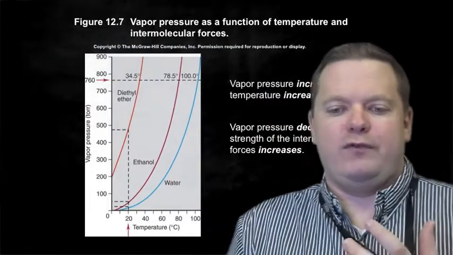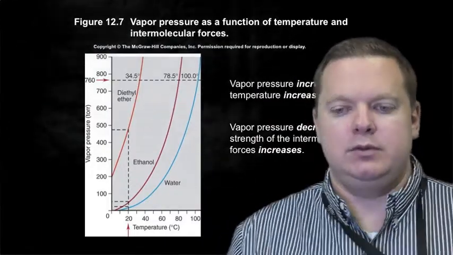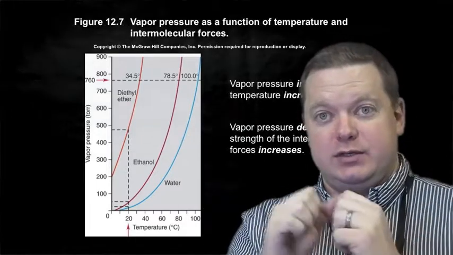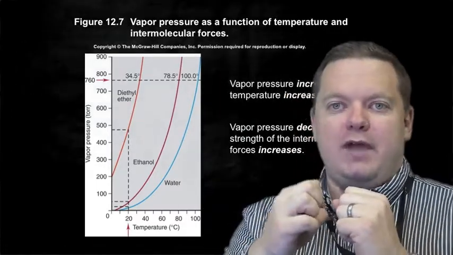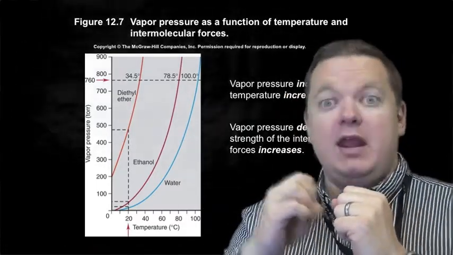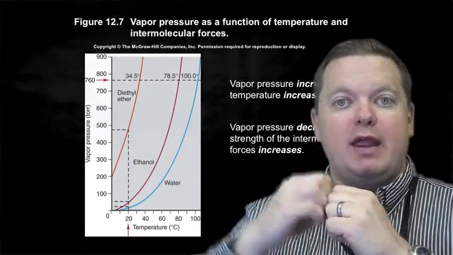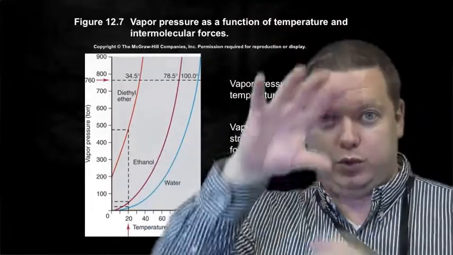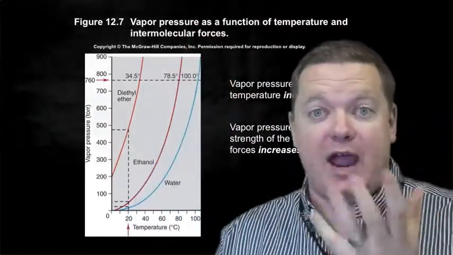This is what we refer to as the vapor pressure, which increases as the temperature increases. Vapor pressure is a measure of how many molecules are able to break these intermolecular interactions and become a free molecule separated from everything else, a gas essentially.